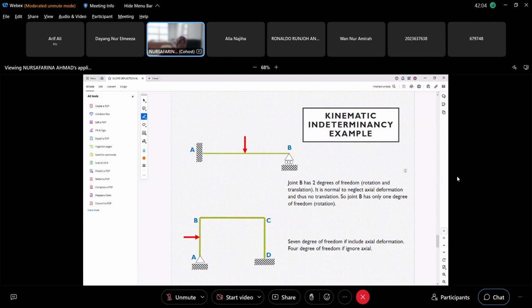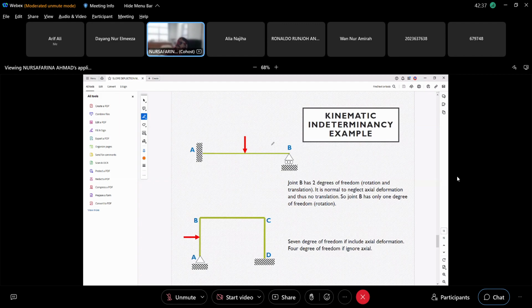So this is an example of kinematic indeterminacy. If joint B has 2 degrees of freedom, rotation and translation. Drawing it is actually a bit difficult. Rotation means moment.